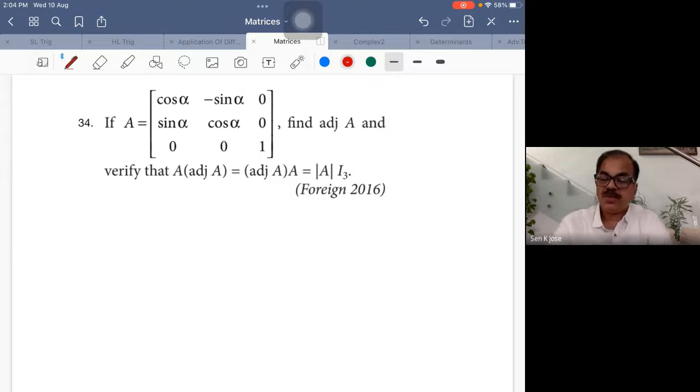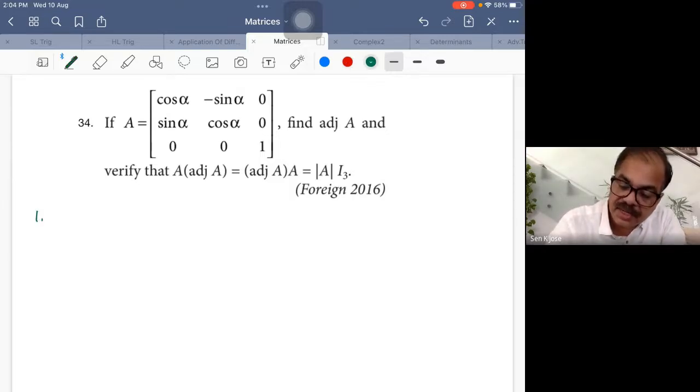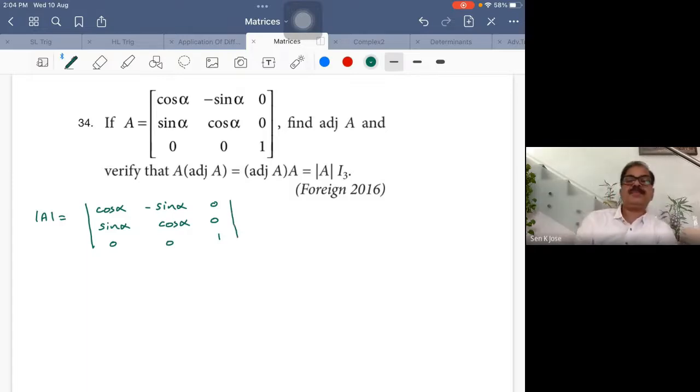So I'm going to first find out determinant A. Okay, let me find determinant A. So determinant A is the determinant of cos alpha, minus sin alpha, 0, sin alpha, cos alpha, 0, 0, 0 and 1. I'm going to expand it.